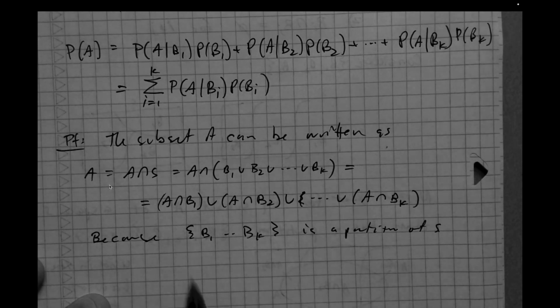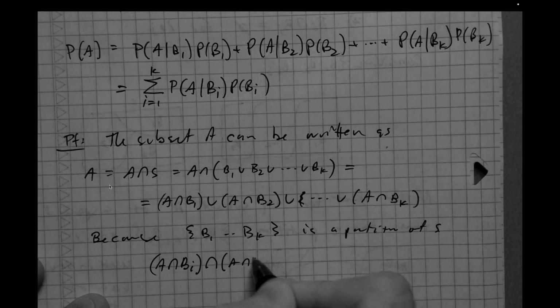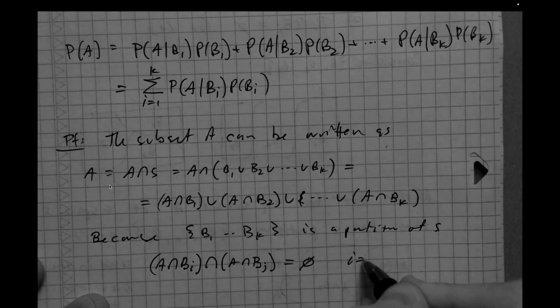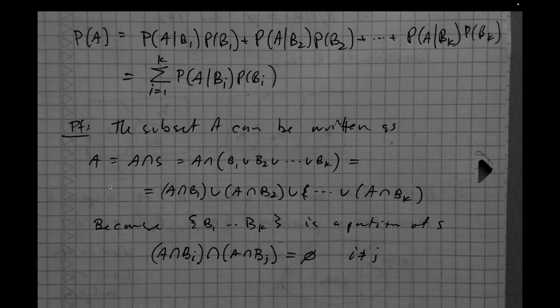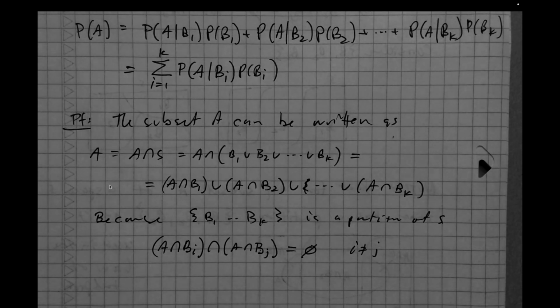And so that means that the intersection of A and Bi with A and Bj must also be empty, anytime i is not equal to j. Right, because if Bi and Bj don't overlap, then A and Bi and A and Bj must not overlap either.